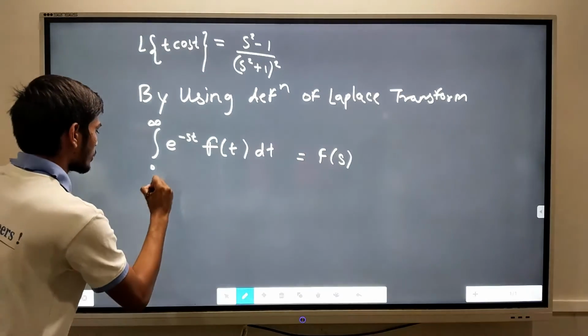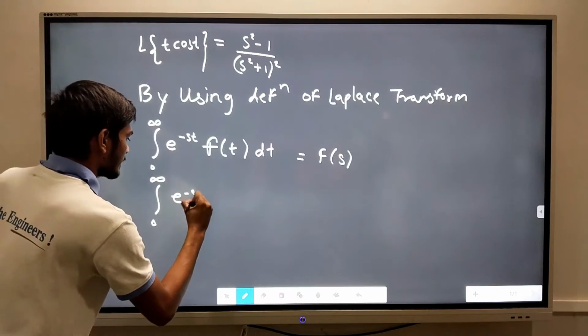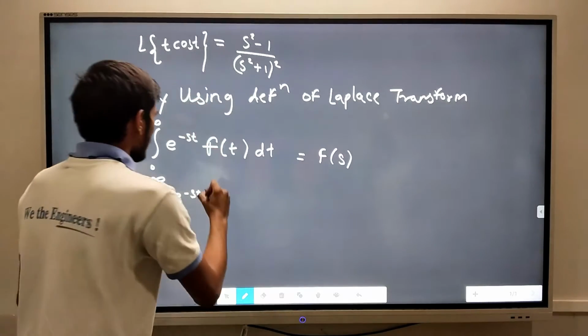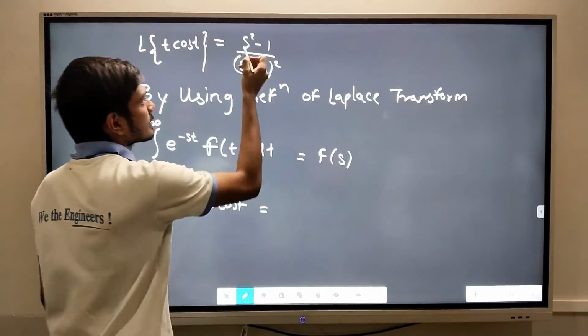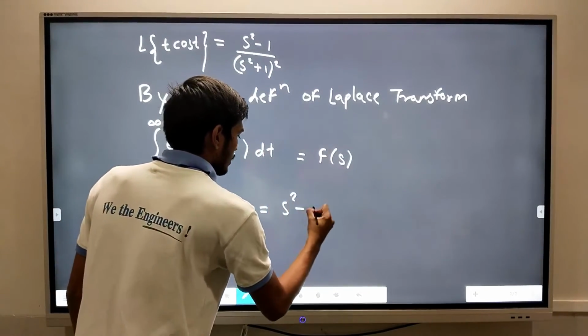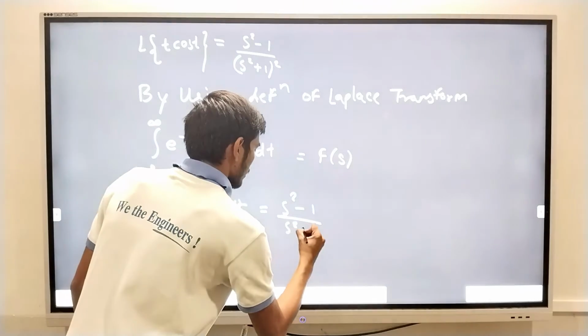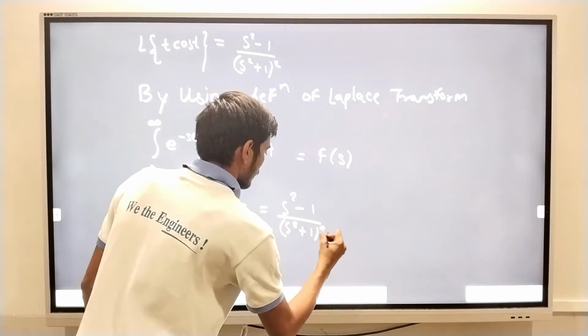So integration from 0 to infinity e raised to minus st. f of t is nothing but t cos t, and F of s is nothing but s square minus 1 upon s square plus 1 bracket square.